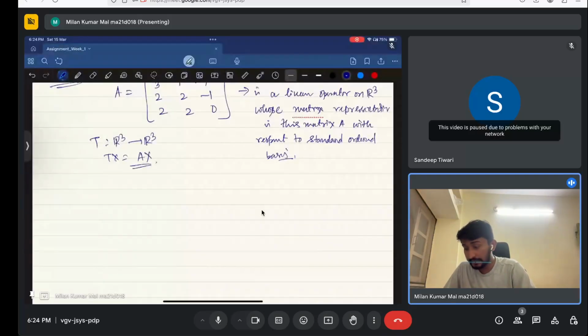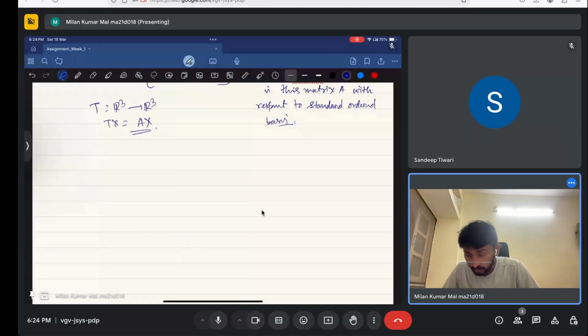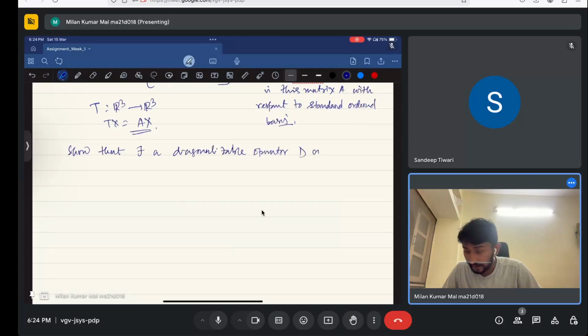Now, what is the question here? We have to find a diagonalizable operator D on R3 and a nilpotent operator N on R3 such that T equals D plus N and DN equals ND, that is, they commute.